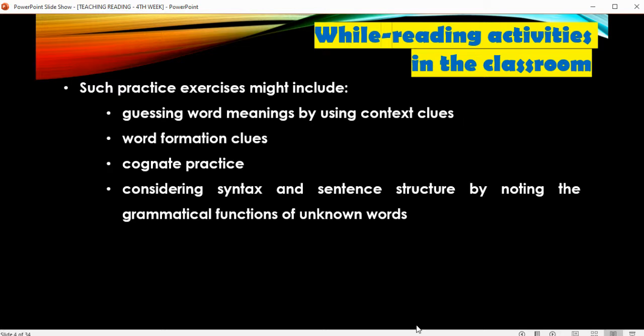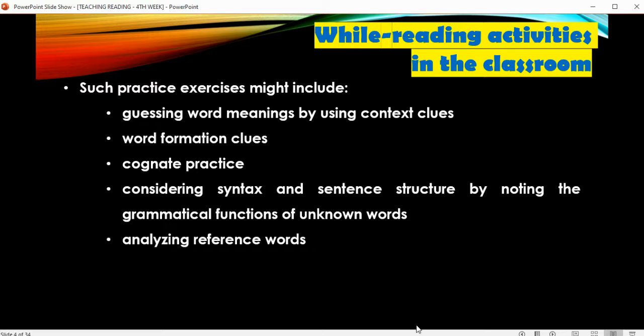But how? Noting the grammatical functions of unknown words. We are going to make our students analyze if the word is a verb, a noun, and what is the function of each word inside a sentence. So this is another exercise that we are going to do in the while reading stage.